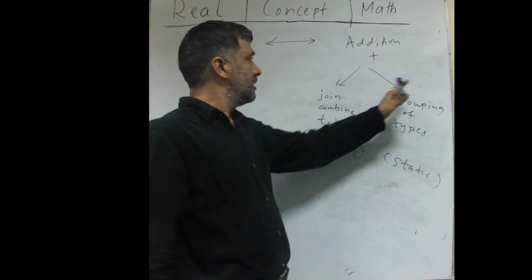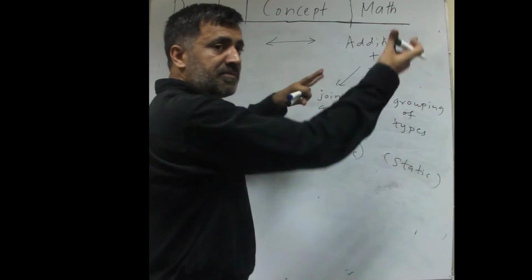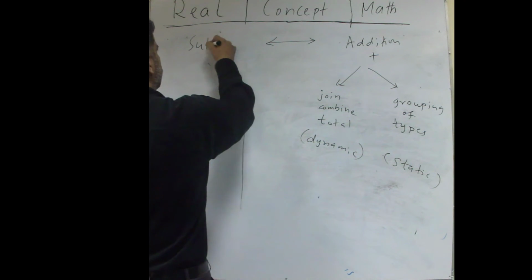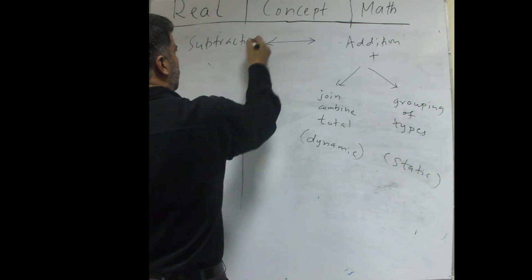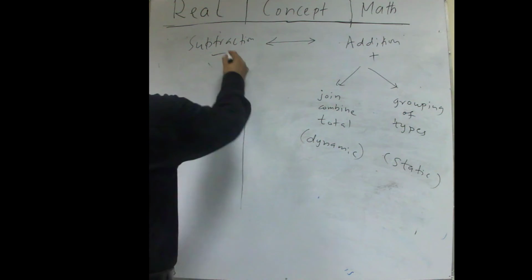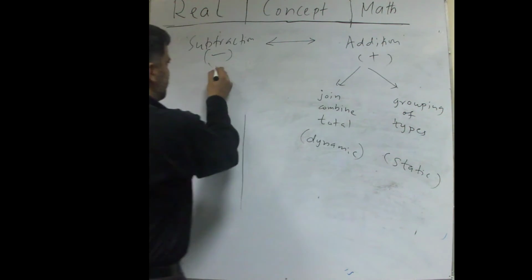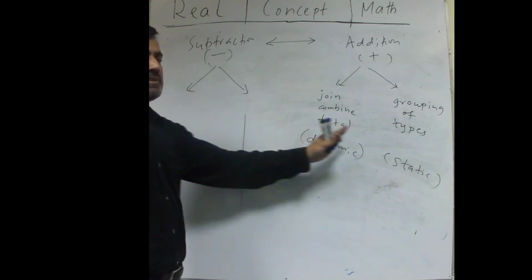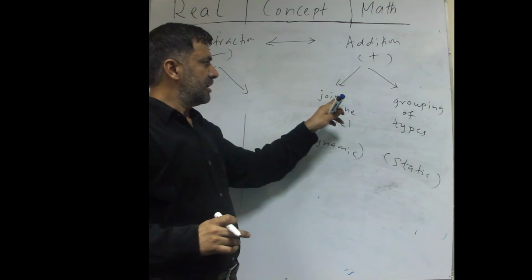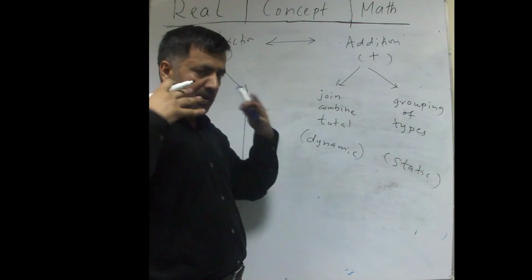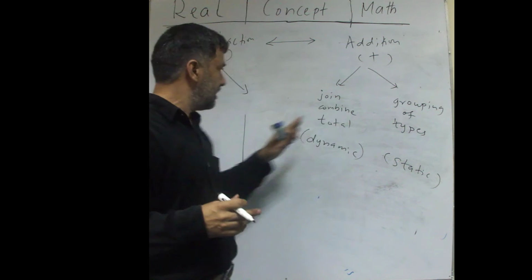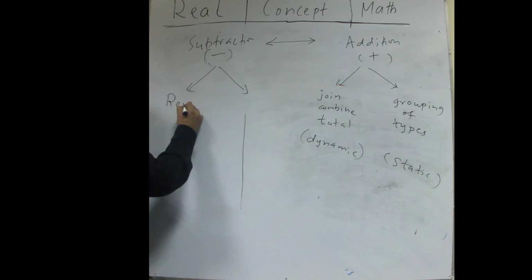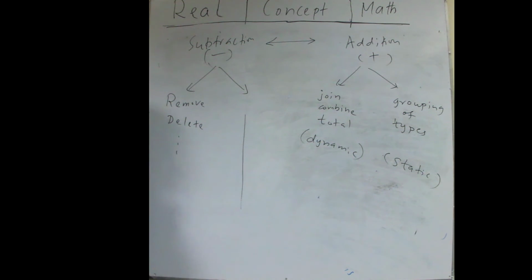From addition we derive the opposite, which is subtraction, with a minus sign. Analogous to this, we will have 2 interpretations. If mentally you are undoing this joining, you will use remove, delete, and so on. This will be the dynamic interpretation of subtraction.